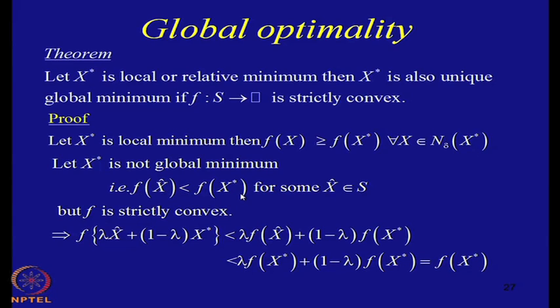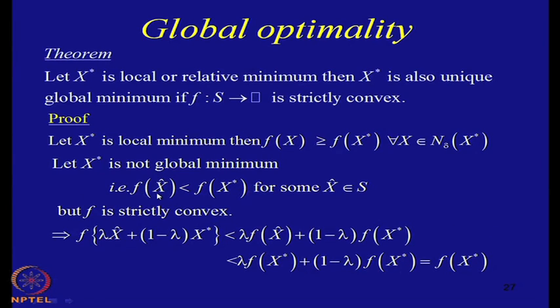Now, we have assumed that f is strictly convex. Through the condition f of lambda x hat plus 1 minus lambda x star must be lesser than, it is not lesser than or equal to, because this is strictly convex, lambda f of x hat plus 1 minus lambda f of x star, where this point is a point in between x hat and x star. We have considered any point.